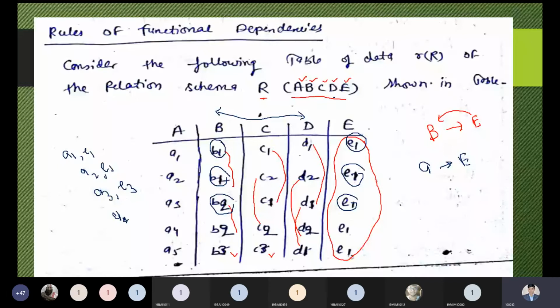So we are finding B to C and B to D and so on. So of course, C can also depend on B, there's no problem. D also depends on C and C also depends on D. So it was possible. We are just checking here. So this is the point. Now see, A is the only attribute which has only unique records.